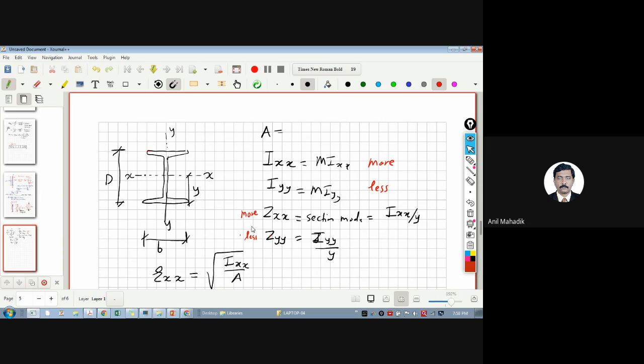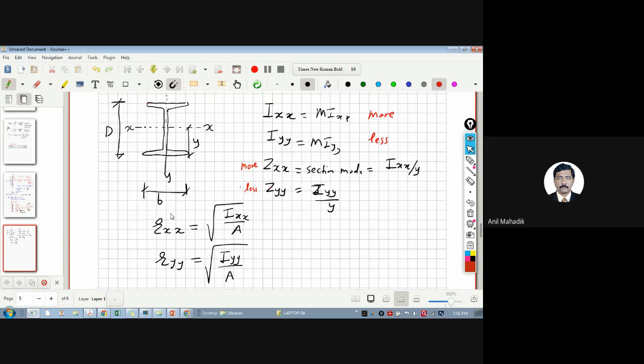Now tell me, will Rxx be more or Ryy be more? Rxx will be more and Ryy will be less. That means r minimum is Ryy. Looking at the section, you can understand that Ryy will be less.